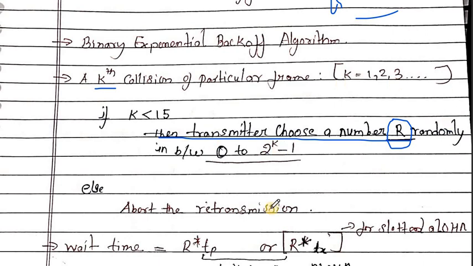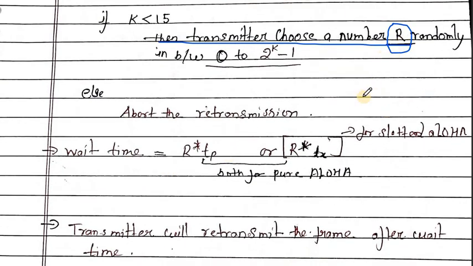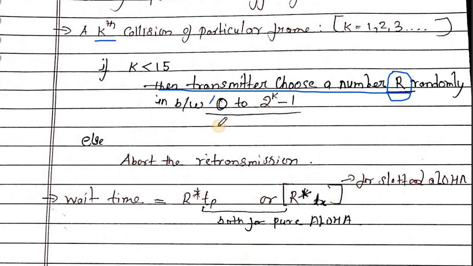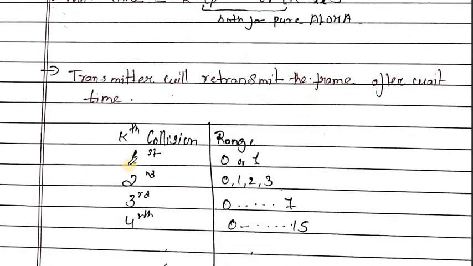So a random number r lies between 0 and 2 to the power k minus 1.